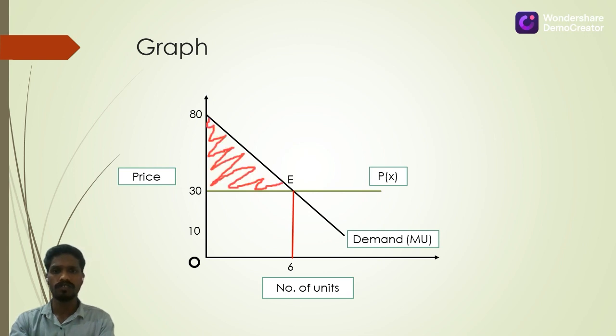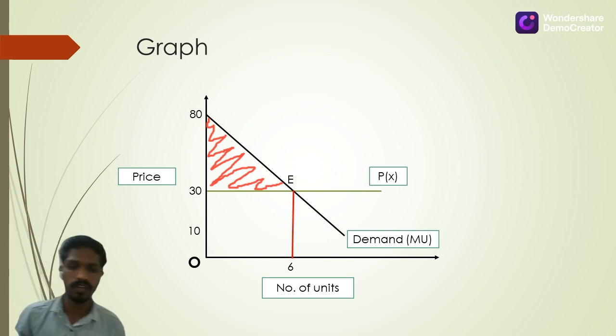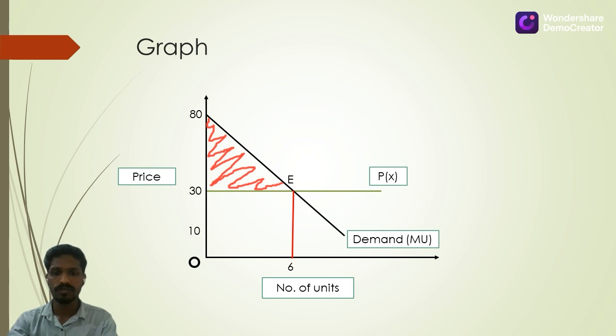This is the area of consumer surplus. If you look carefully, it is actually a right angle triangle, and the area of a right angle triangle is half into base into height.